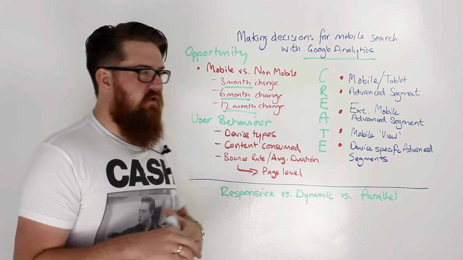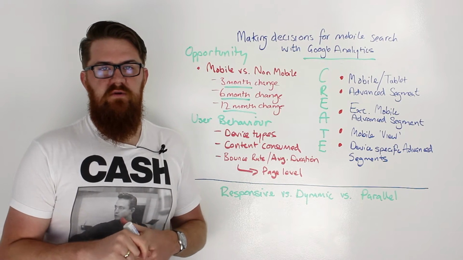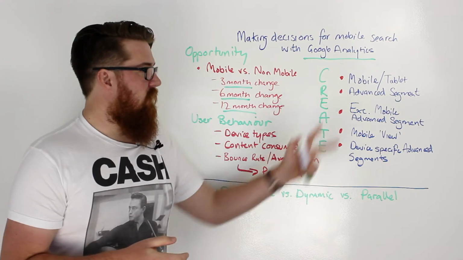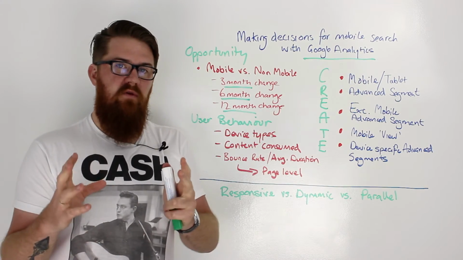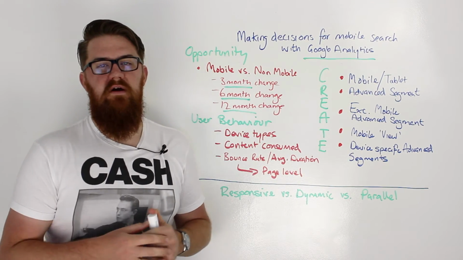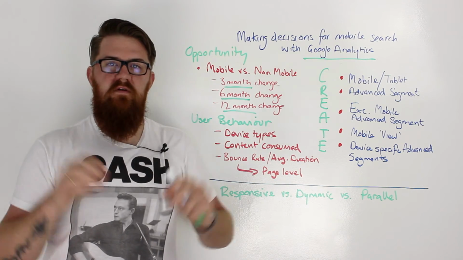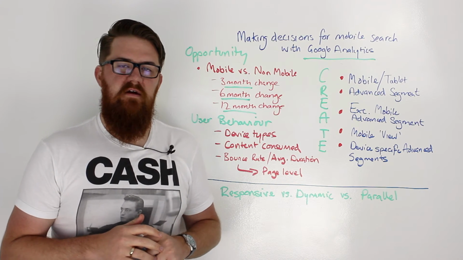So I think looking at the content that's consumed by mobile users versus desktop, so having a mobile advanced segment on and an exclude mobile segment on will show you the same data set but with the two audiences there.